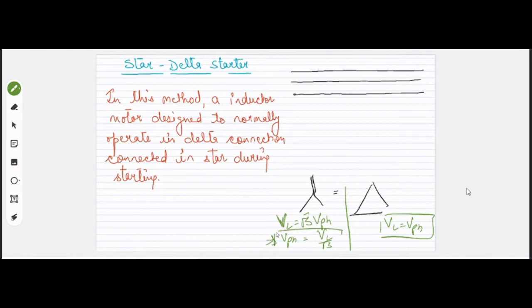So you can see how this interconnection helps us: it reduces the applied phase voltage by root 3 times when we connect the winding in star. So we first connect the windings of the motor in star, and as the speed gradually increases and the current comes down, we finally shift to delta, right?